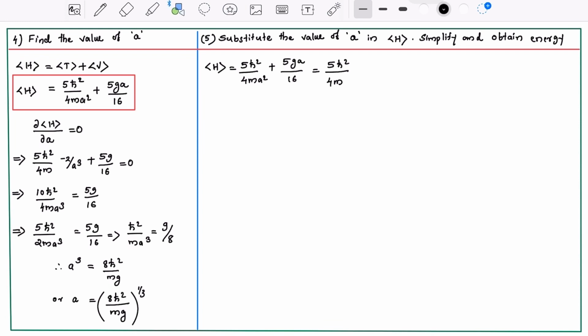So expectation value of H is 5ħ²/4m times (mg/8ħ²) all raised to 1/3, all raised to 2/3, plus 5g/16 times (8ħ²/mg) raised to 1/3.